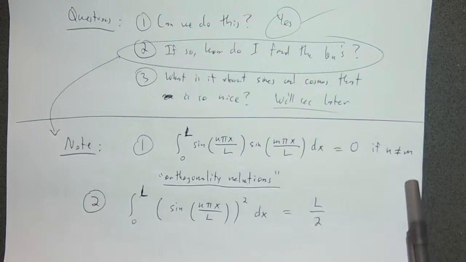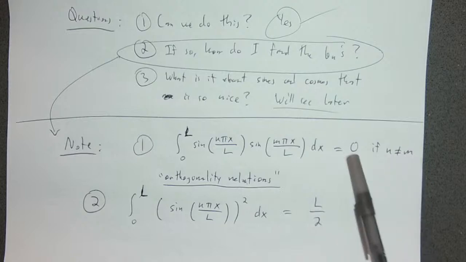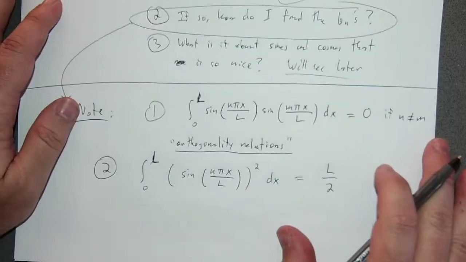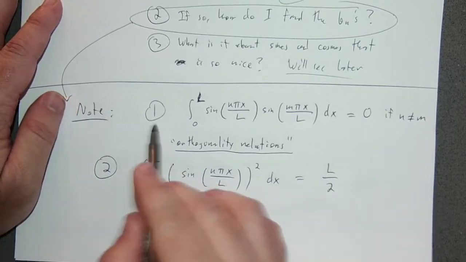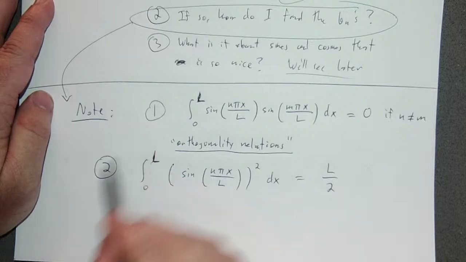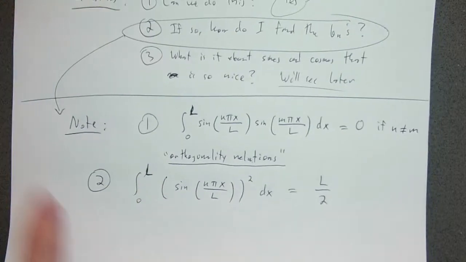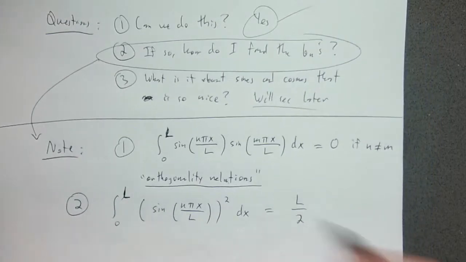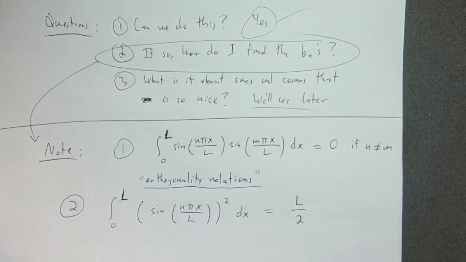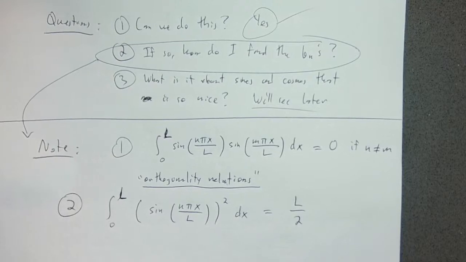So if n and m are different, this is 0. But if n and m are equal, then this expression is L over 2, something really simple. So I can use these two facts to find the b sub n's. Okay, so I have these two facts, which I can verify just by Calc 1 style integrating, right? And now I can use these to compute my b sub n's.